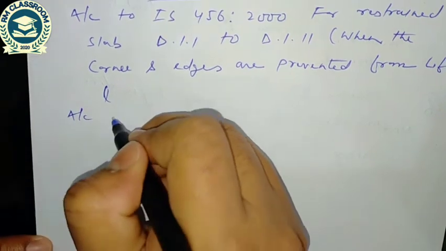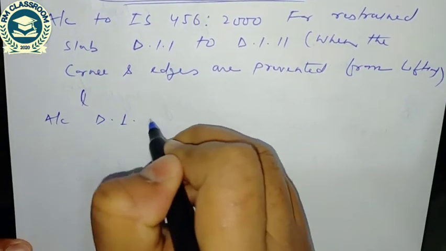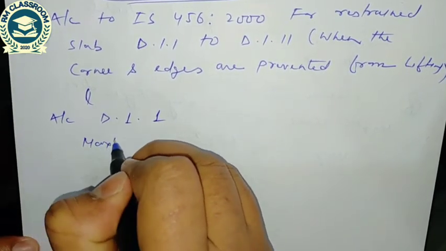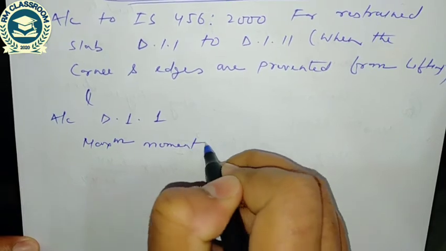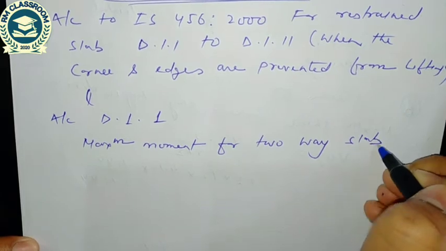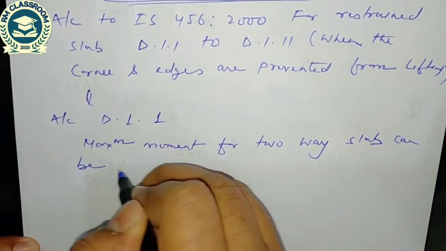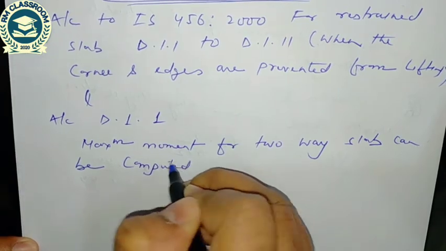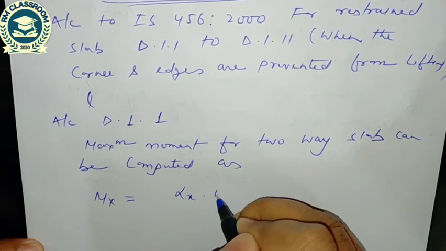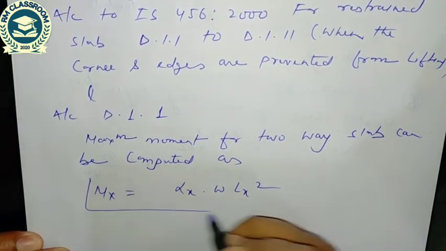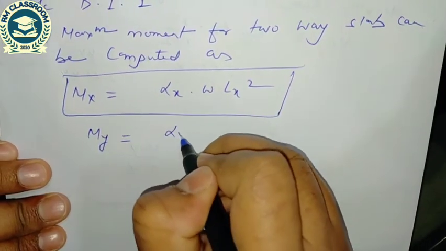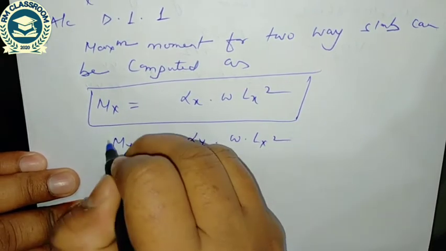So according to clause T.1.1, the maximum moment for a two-way slab can be computed as: moment in x direction is alpha x into W into Lx squared, and moment in y direction is alpha y into W into Lx squared.